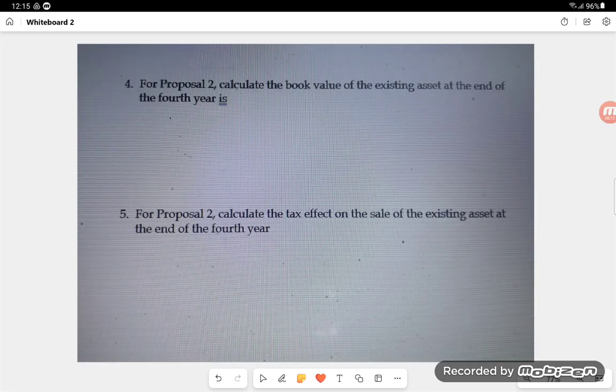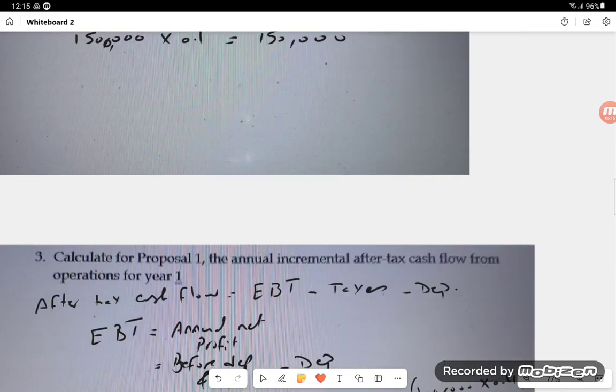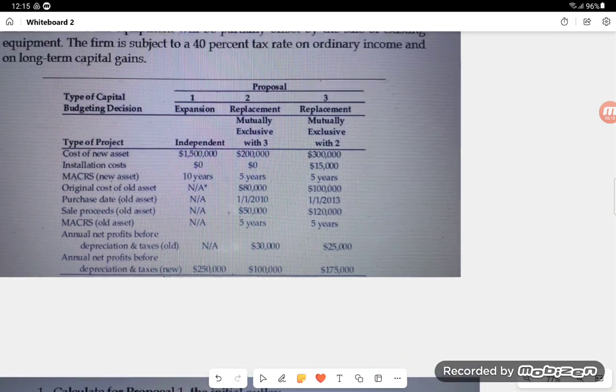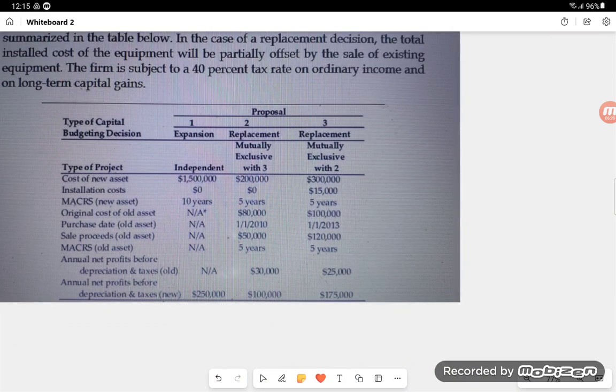Now let's move to proposal 2. With respect to proposal 2, cost of new asset is 200,000. There is no installation cost. It's depreciated in 5 years. With respect to the old assets, the original cost of the old asset is 80,000.